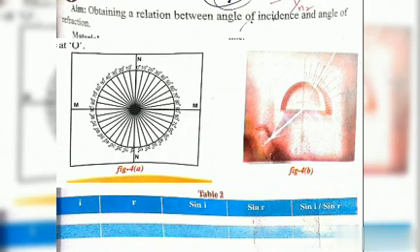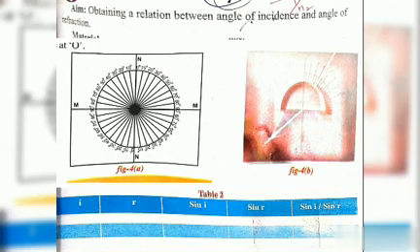Note those values in table 2. I is the angle of incidence, R is the angle of refraction. For example, I is 15 degrees and we measure the angle of refraction value.